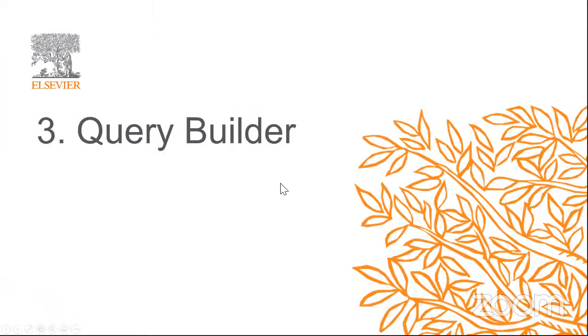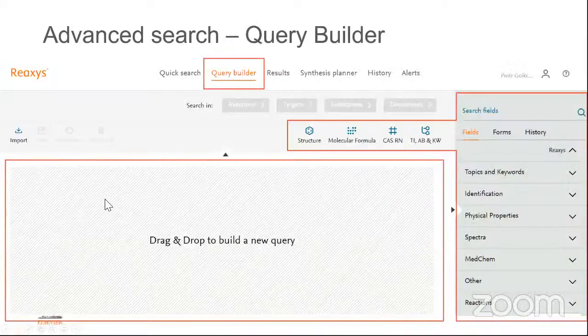Query builder. It's an absolutely huge amount of things in query builder, but briefly, it's a structure editor and also a lot of search fields like structure, molecular formula, CAS number, also topics and keywords that are available here, and a lot of different filters available here: spectral, reactions, physical properties.